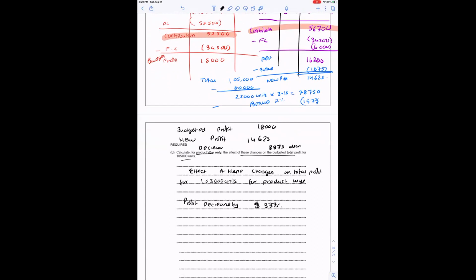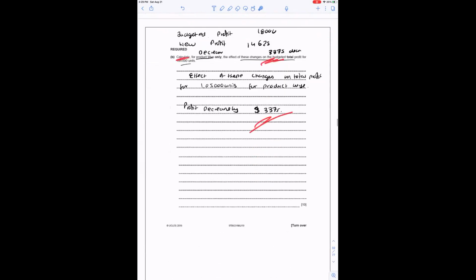They asked me to calculate the effect of changes on the total profit. I calculated the effect of changes on the total profit.